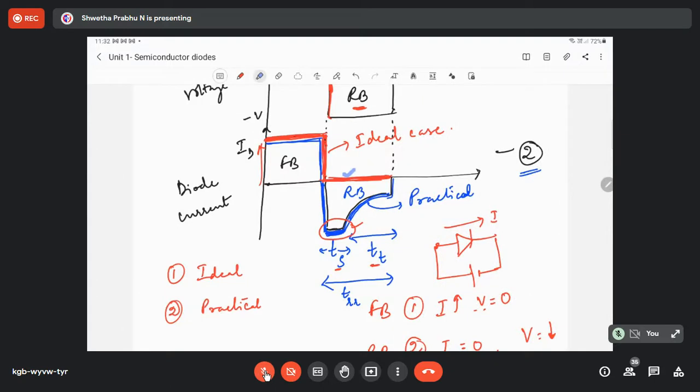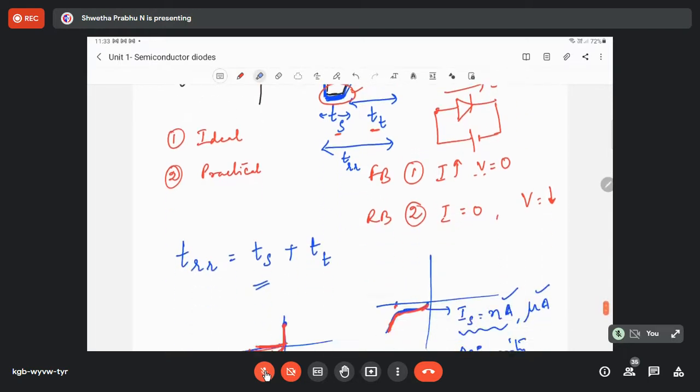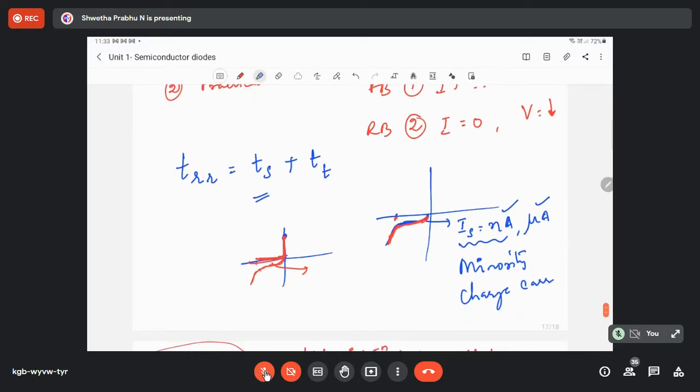It will store for certain amount of time. Later, gradually, it will reach the reverse saturation value. It will go to ground level. So there is a transition happening from storage to ground state, and that is called transition time. And that is the reason with respect to characteristics, you are getting a graph.